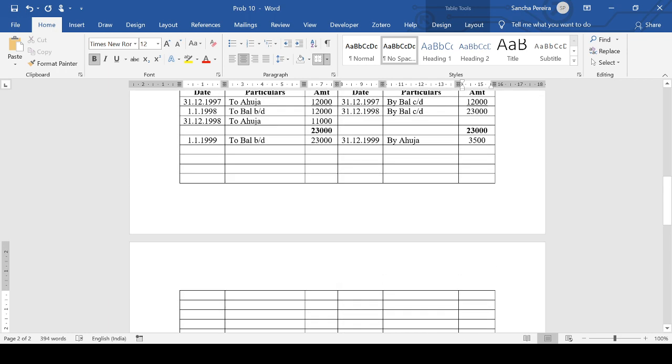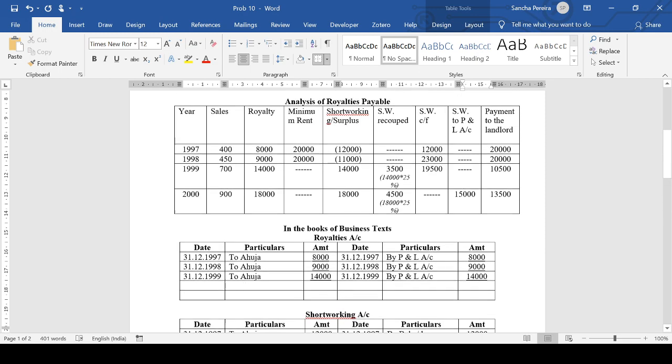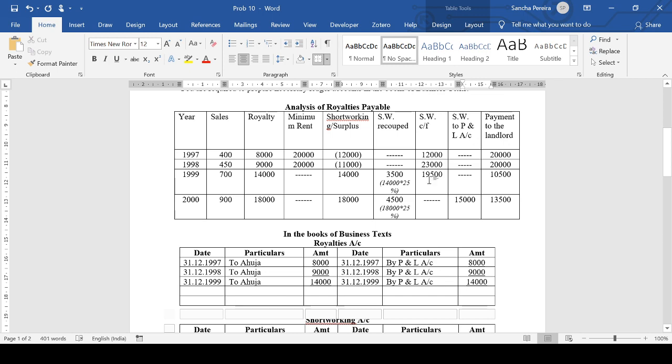Then you'll have a balance carried down here, 23,000. So by balance carried down, 23,000, so you'll have 19,500. You check your balance carried forward this year is 19,500.